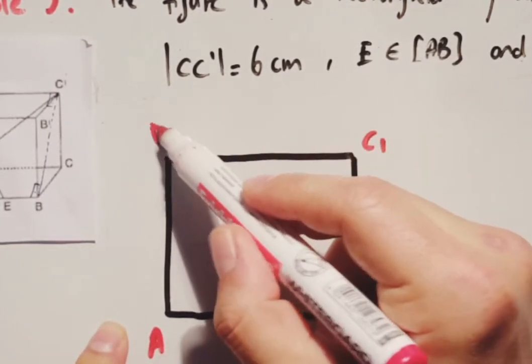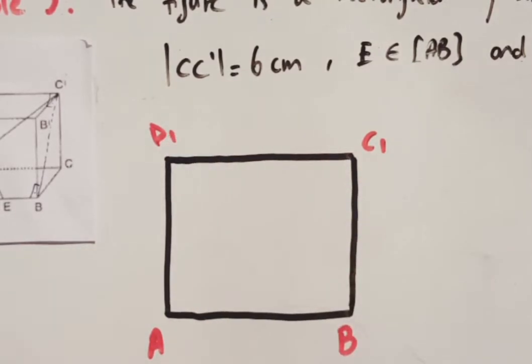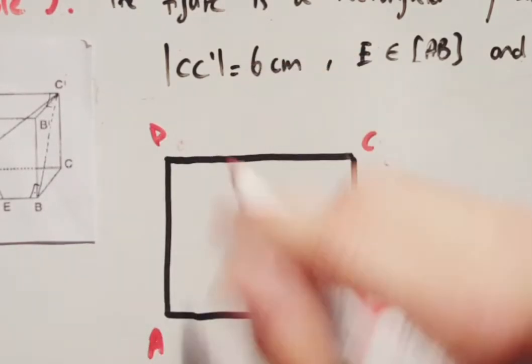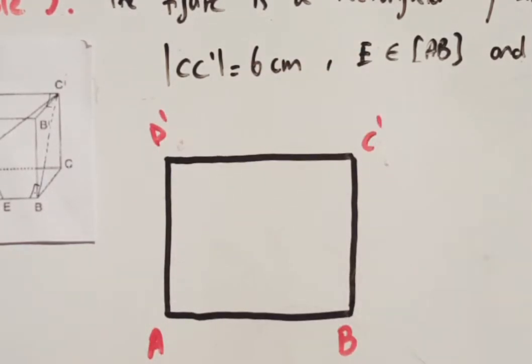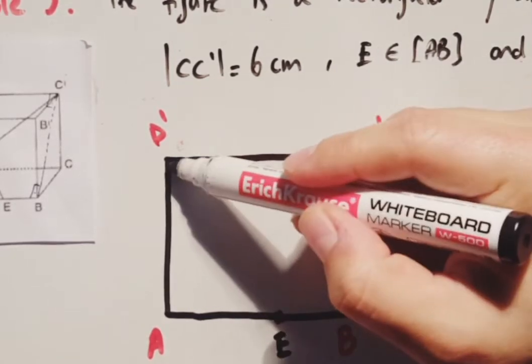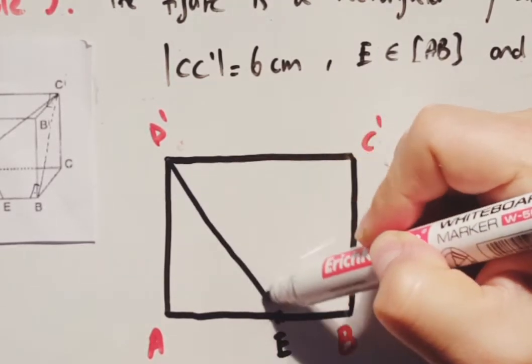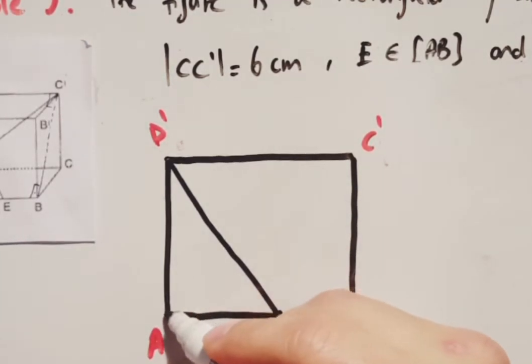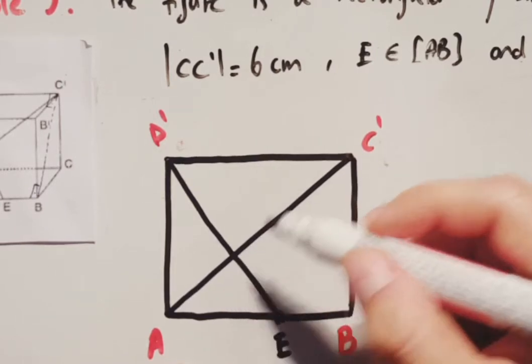And the point E is on side AB, here. And when we connect points A and C1, it is called a space diagonal.